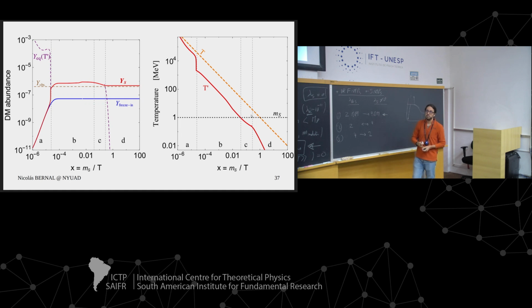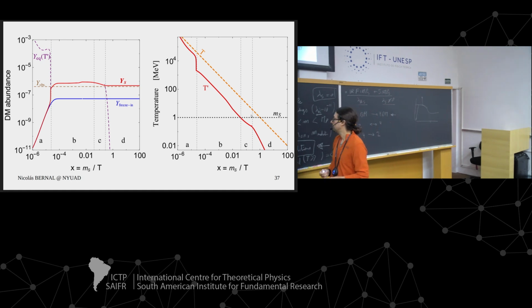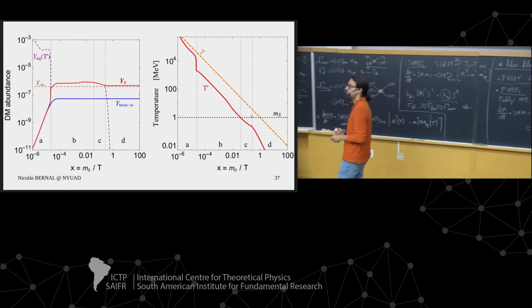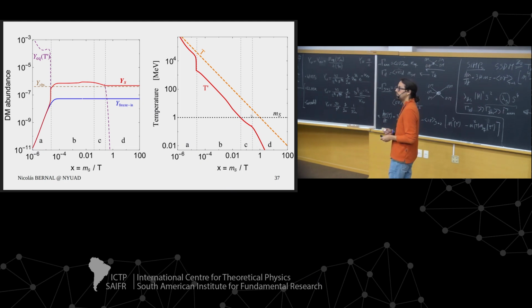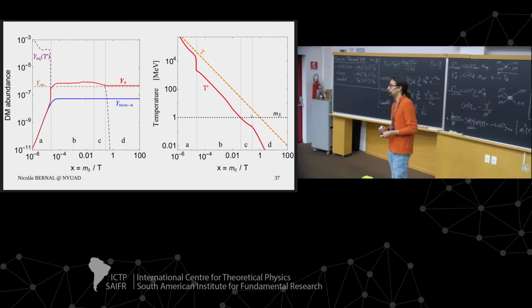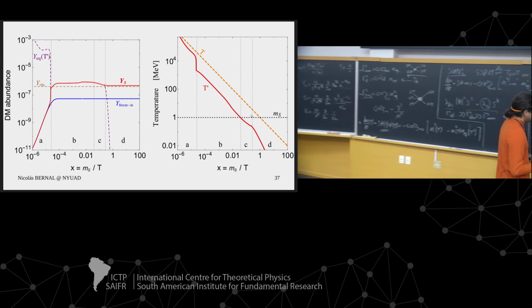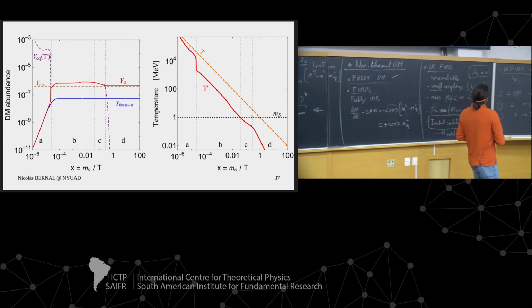I'm just thinking because I cannot see exactly with the equation, because both rates depend on n dark matter. But the 2 to 4 goes with n dark matter squared, and 4 to 2 goes with n dark matter to the third, for example, and because this is very small, is this the explanation?